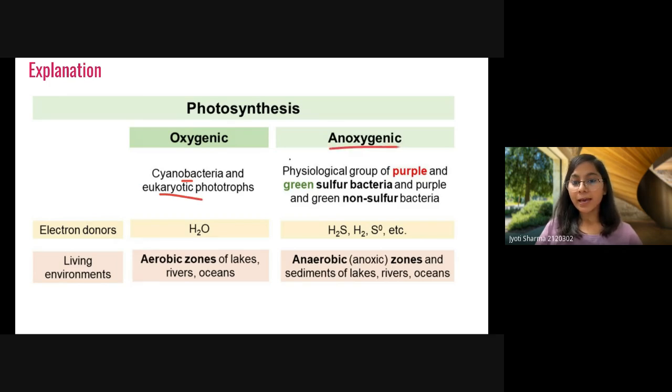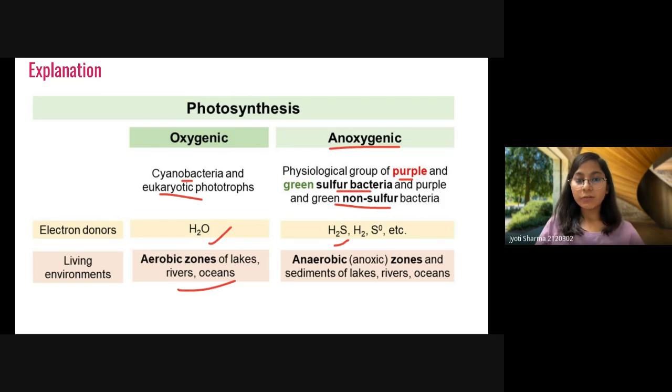But if this is anoxygenic photosynthesis, then we have purple and green sulfur bacteria and even non-sulfur bacteria. And we have already discussed that in place of H2O as an electron donor, in the green and purple sulfur bacteria we will utilize mostly H2S. And here we have the aerobic zone of lake, river, or ocean where there will be photosynthesis.